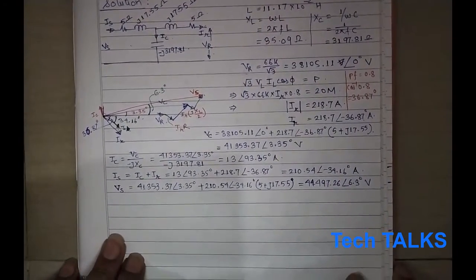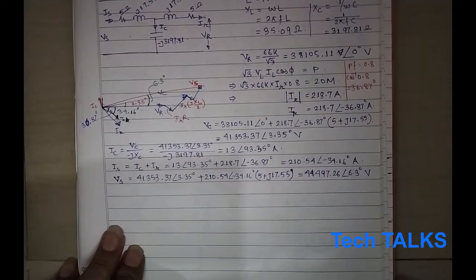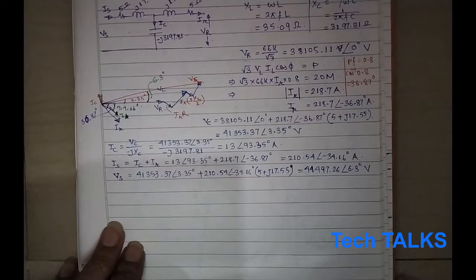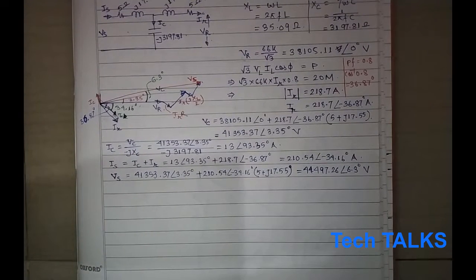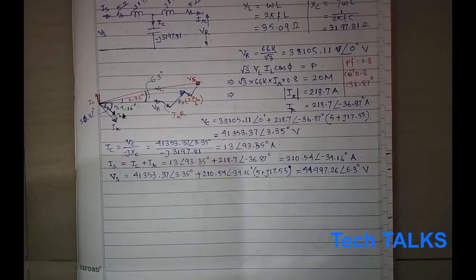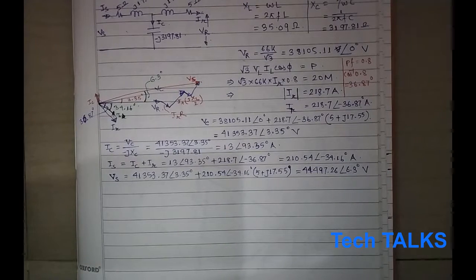Okay, now we will be finding out the voltage regulation and efficiency and all other things. So voltage regulation is what? Voltage regulation is no load receiving end voltage minus receiving end voltage, divided by receiving end voltage.